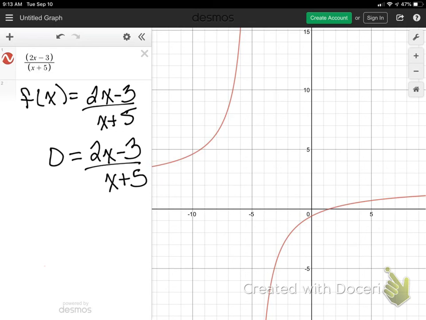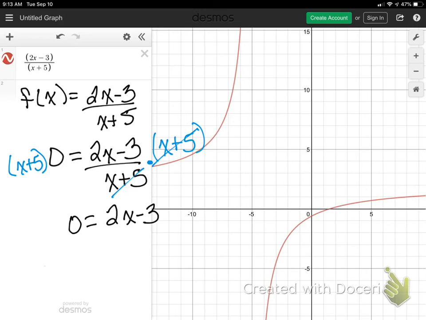I am going to multiply both sides by that denominator. What is x plus 5 times 0? 0. Okay? And here, my x plus 5's cancel because I've multiplied both sides by that. So now I'm solving a simple equation, 2x minus 3.